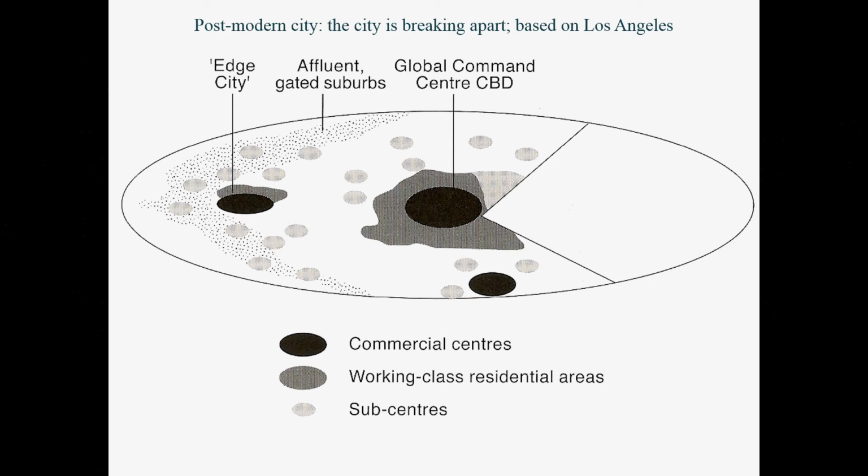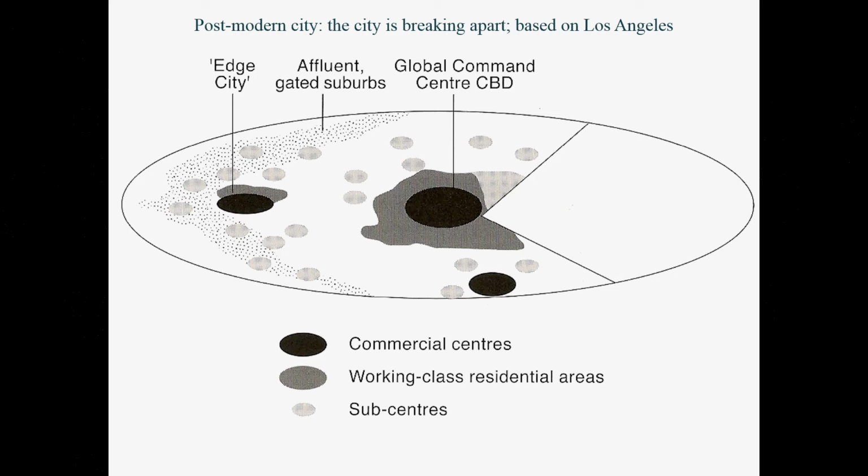Each community sets up barriers against other groups. That's why you have the affluent, gated suburban communities, and therefore you have a very demarcated, very apartheid, very split, very segregated city.